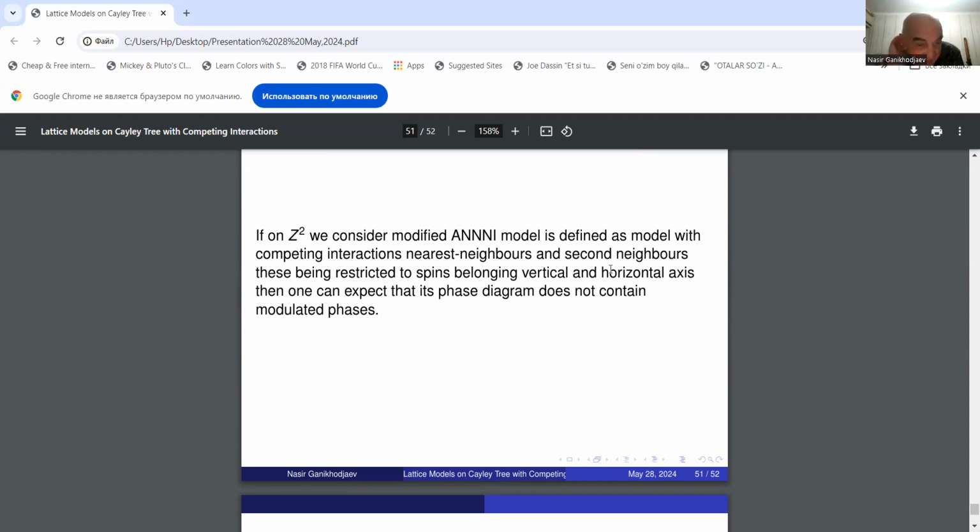So we can expect that. This result may also be connected with random fields. Maybe here there will also be some connection with the type or form of competing second or third neighbors.